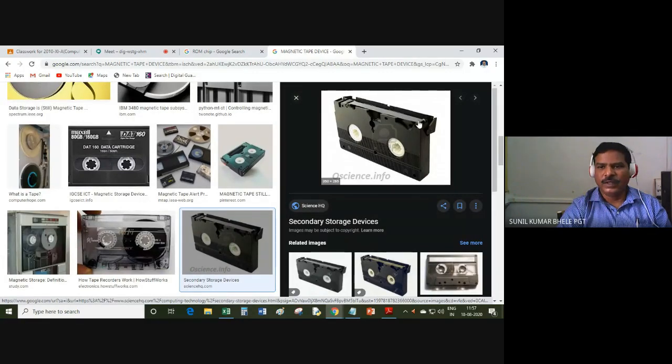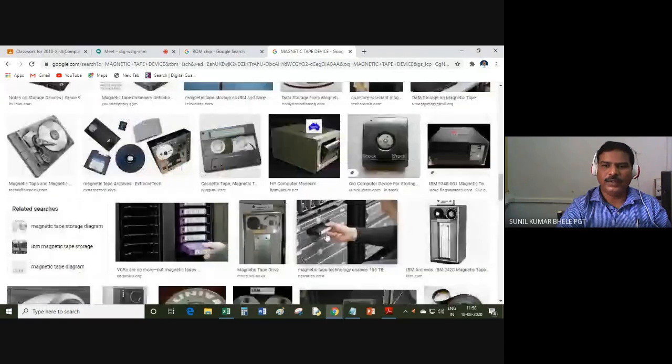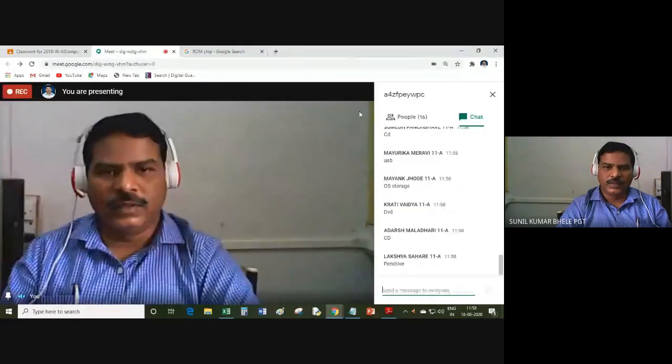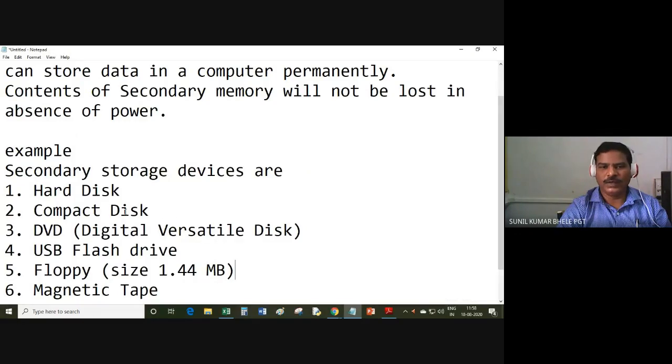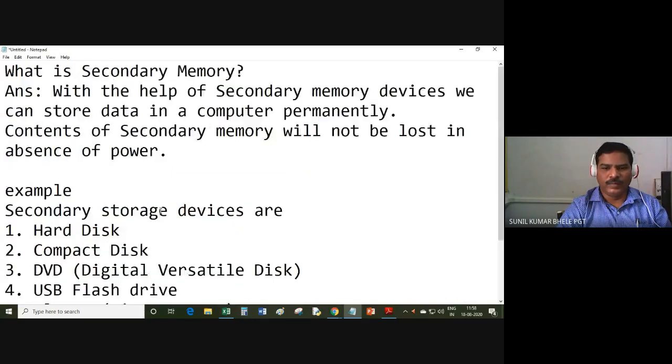So you can access the data serially in this magnetic tape. You have to reverse and forward this tape to access the data. Nowadays we are not using magnetic tape either. So these are the old devices, magnetic tape and floppy disk. Now mostly we are using USB flash drive. CD and DVD we are also not using much. So these are the secondary storage devices.